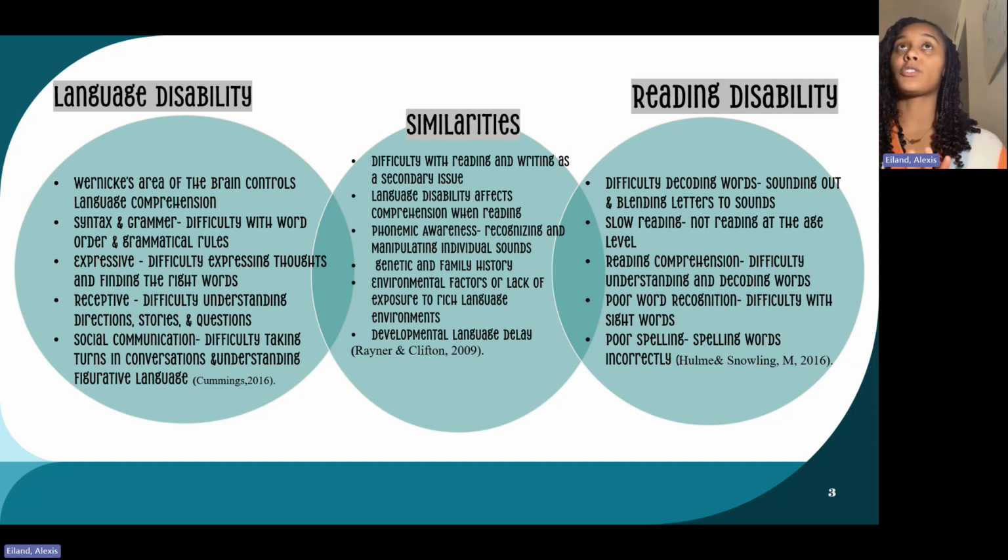Researchers have said that people with lower socioeconomic status often have language and reading disabilities because they're not immersed in rich language cultures, which can simply be parents talking to their children. Lastly, under the similarities is developmental language delays. A child that has a developmental language delay, like a stutter, might experience language and reading disabilities. And of course, we know that writing also falls into those categories.